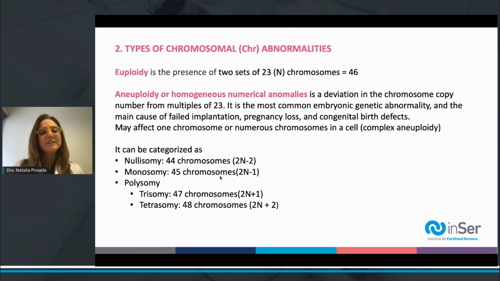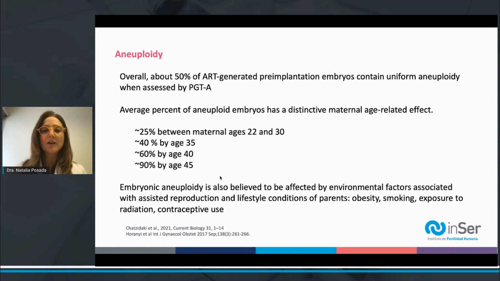Overall, it is believed that around 50% of all preimplantation embryos that are generated in the lab are affected by aneuploidies. So it's a very, very common abnormality in human embryos. And it is related to maternal age in a very clear and direct way. When women are between the ages of 22 and 30, one would expect 1 in 4 embryos to be affected.